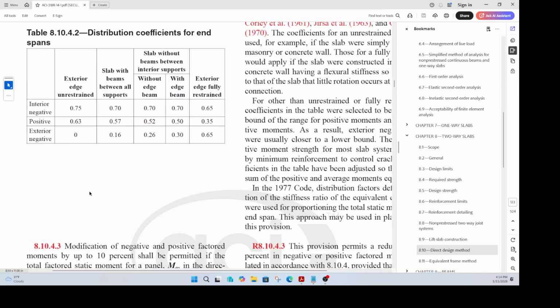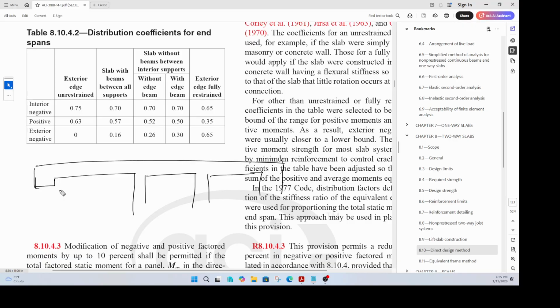Okay, let me draw this again. You have an edge beam, slab, column, slab, like that, right? Maybe this is built in like that. Okay, so that's the condition. We have an edge beam. So with edge beam, we are talking about this scenario. Interior negative is somewhere here, 0.7 M naught.